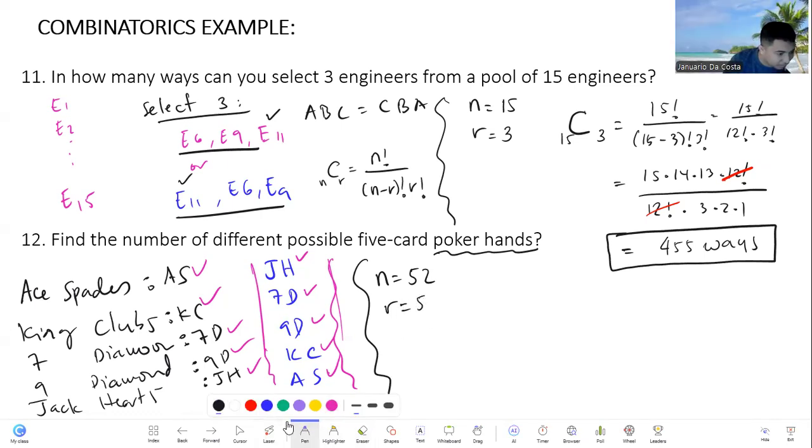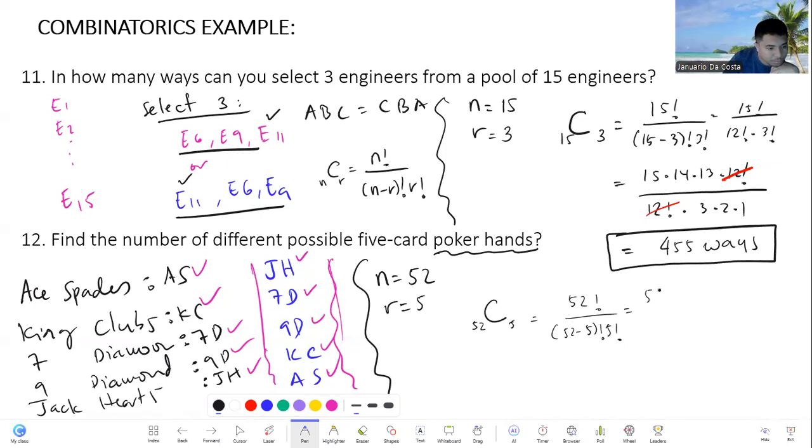Okay. There are 52 cards in a poker deck, and you want to get 5, different possible 5-card poker hands. So this is a combinatorics problem, and you just plug in the formula. C of 52 and 5 is equal to 52 factorial over 52 minus 5 factorial and then 5 factorial.